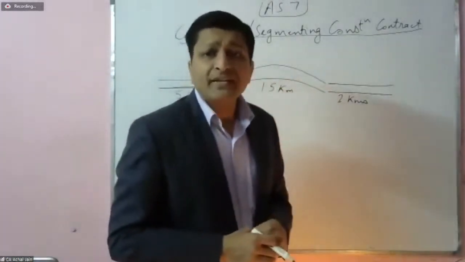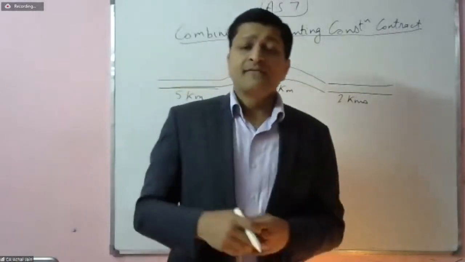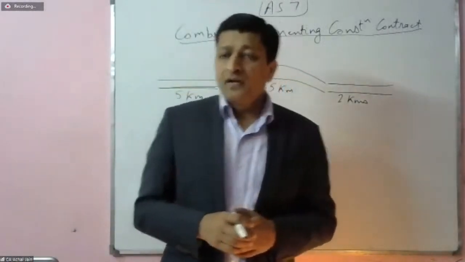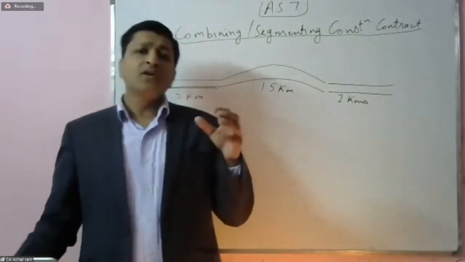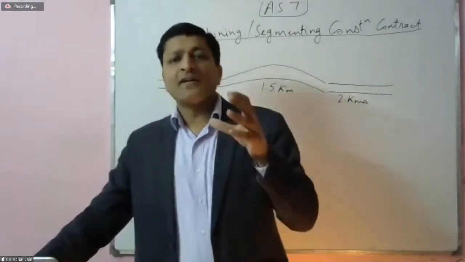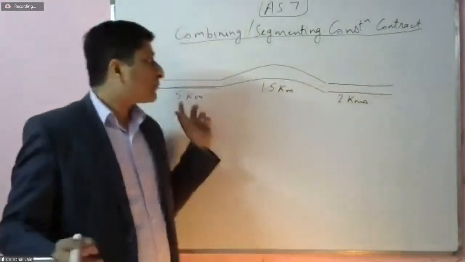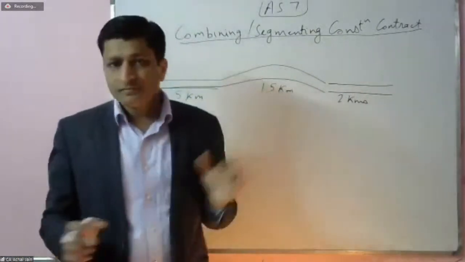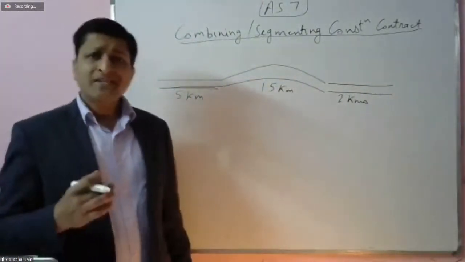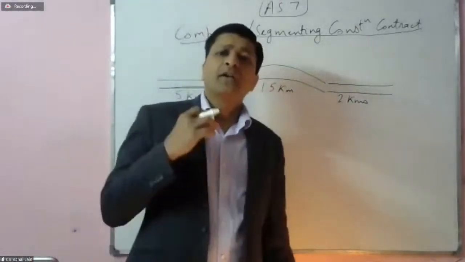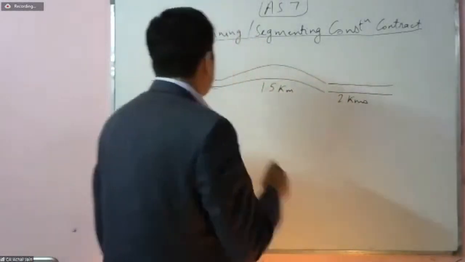But while submitting the bid, the contractor has worked on his costing in a combined manner in respect of all these 3 projects. Means his budgeting has been done in a combined manner.